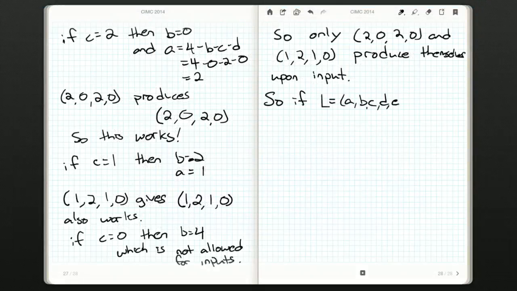A, B, C, D, E, F, G. I hope I don't have to write on the next line. H, I is the 9th, J is the 10th.